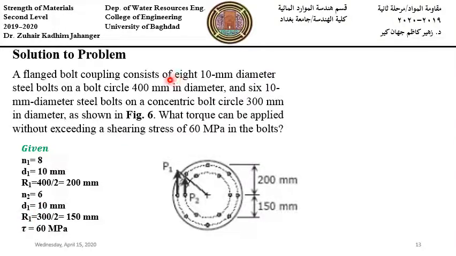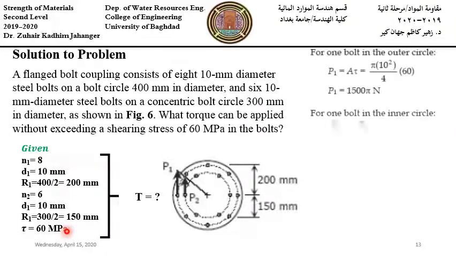Okay, so R1 is 200 millimeter and R2 is 150 millimeter. And the maximum shearing stress is 60 megapascal. We don't need to exceed the shearing stress. And the required is torque.